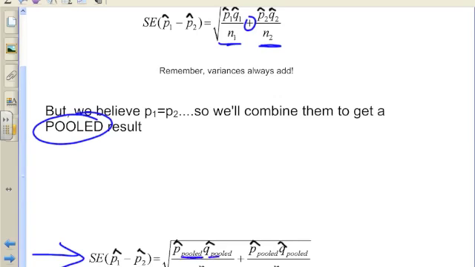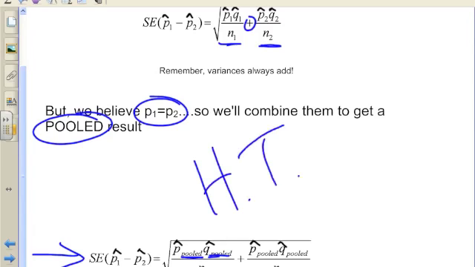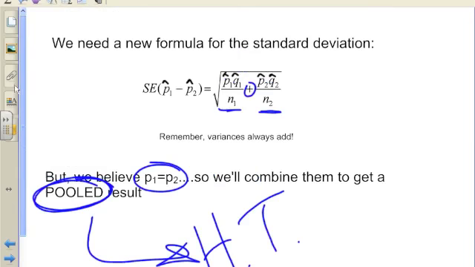We did that because we believed the 2 proportions were equal. In a confidence interval, we don't think they're equal. That's why we're building a confidence interval, an interval for the possible differences. So we only do this for hypothesis tests. It's very important. Stick that in your brain: we only pool for hypothesis tests. That means for confidence intervals, we're going to use this one that's a little more straightforward.